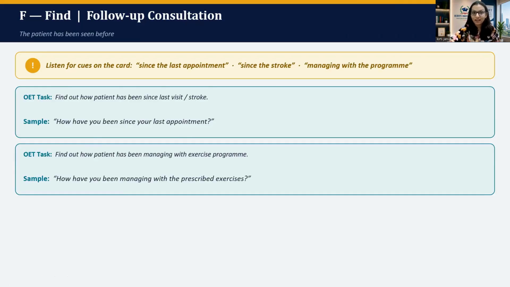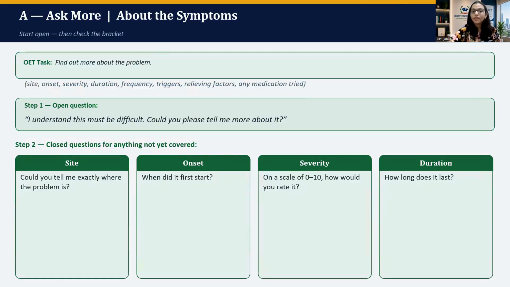As I said, find opens the door. Now we want to build the whole picture. A stands for ask more. This is the most commonly asked question type in all 12 healthcare professions. So now pay attention. The OET task says, find out more about the problem.